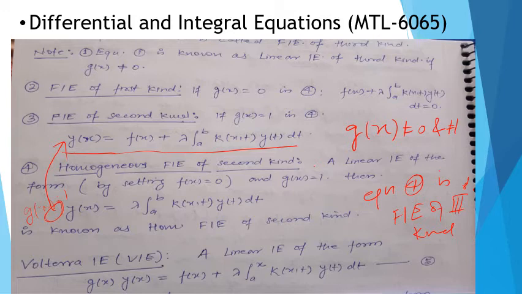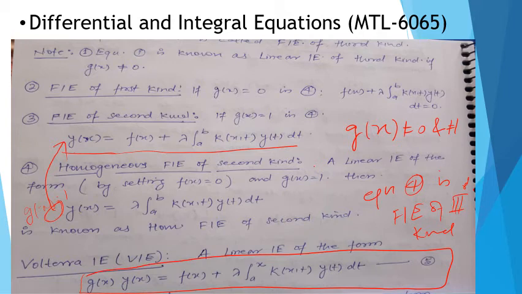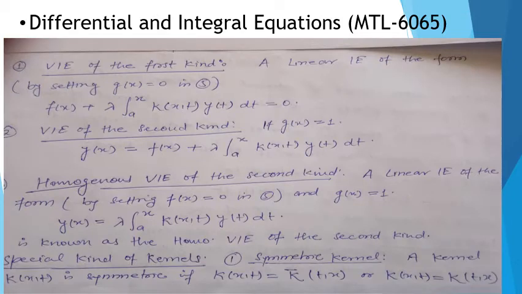Volterra integral equation: a linear integral equation of the form, this is the general form of a linear integral equation, but the upper limit is variable. This integral equation is known as the Volterra equation.